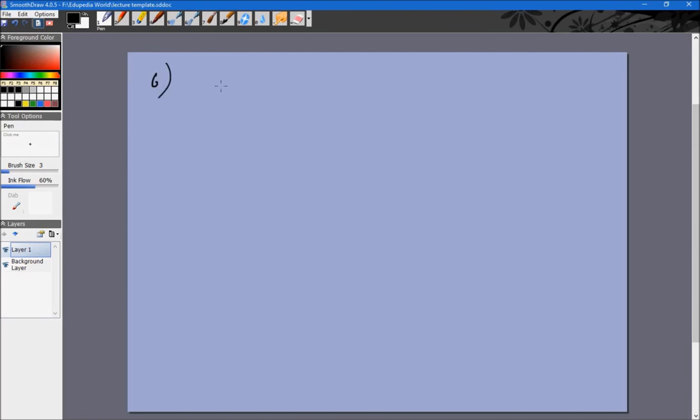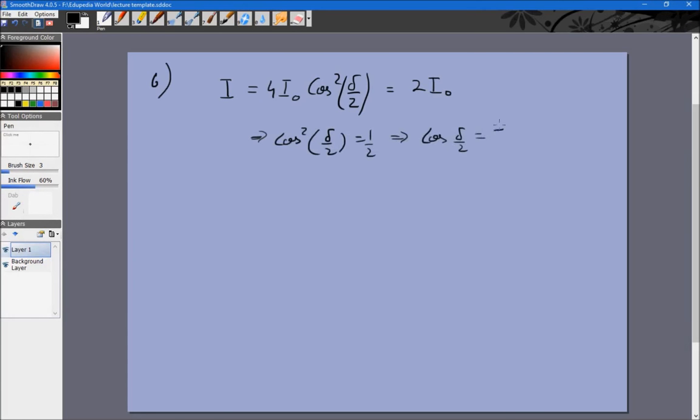So in this question, in that case, we have the formula: the net intensity is equal to 4I0 cos squared delta by 2, where delta is the phase difference, right? And we need this to be 2I0 because half the peak intensity is 4I0. That means cos squared delta by 2 is equal to 1 by 2, or cos delta by 2 is equal to plus minus 1 by root 2, which means delta by 2 is equal to n pi plus minus pi by 4, right?